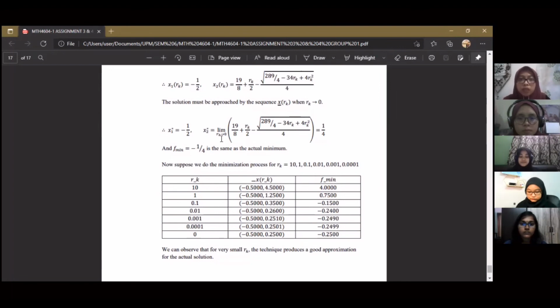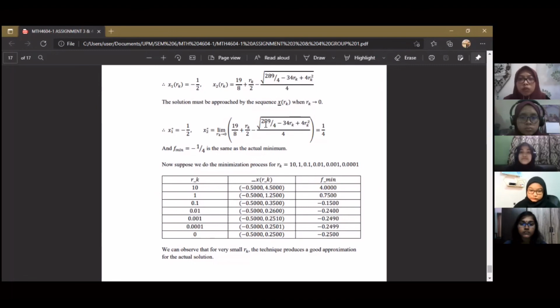We just substitute rk equal to 0 into the x2 value. Then this part becomes 0, this part becomes 0, this part becomes 0. So 19 over 8 minus 17 over 8.